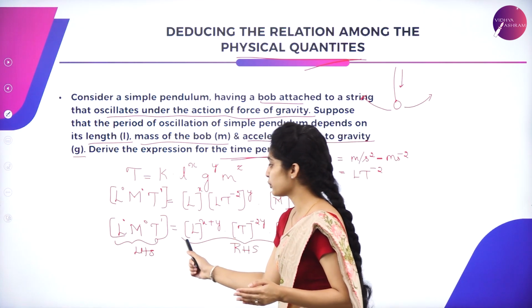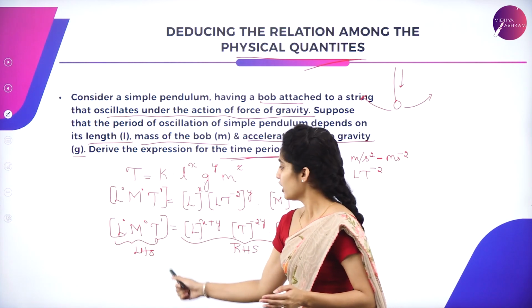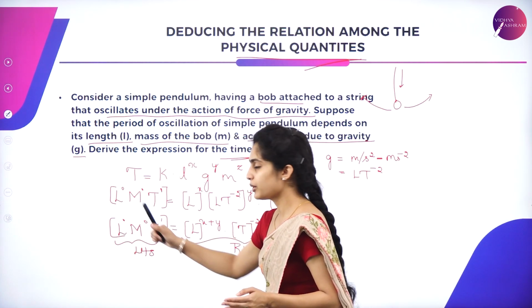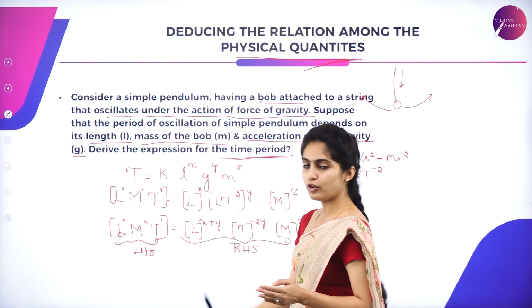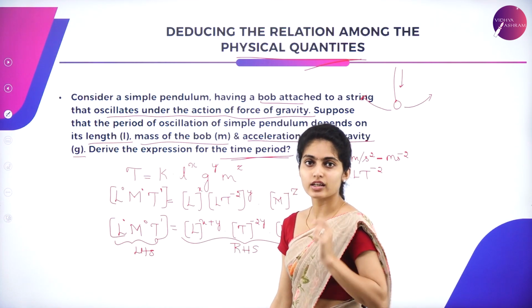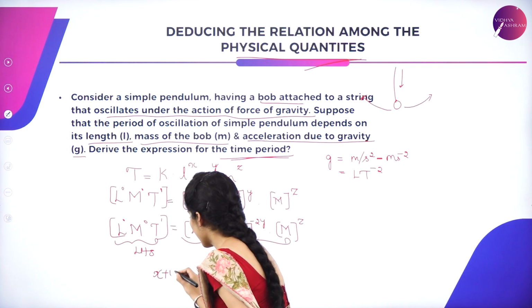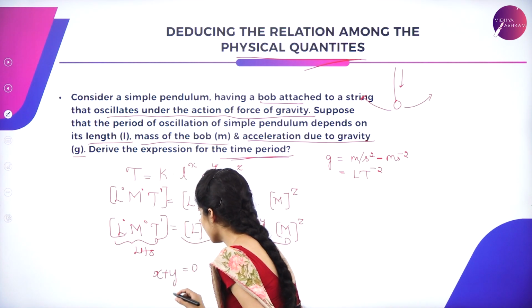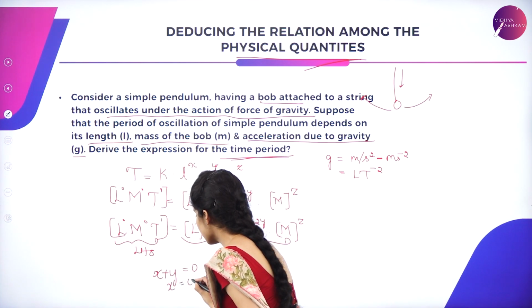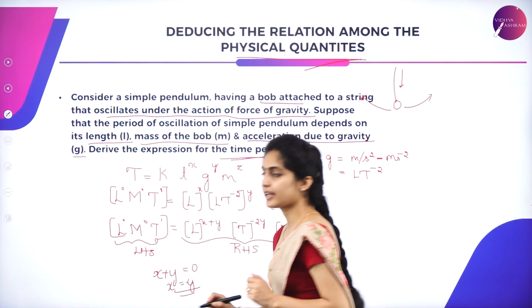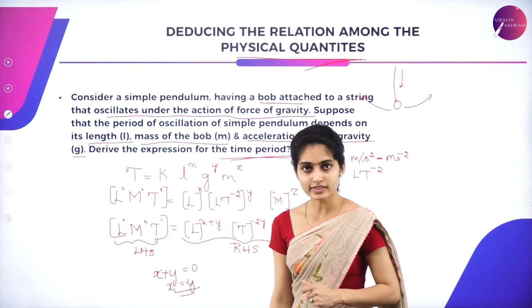So L as well as L, homogeneity. So it is L to the power of 0, L to the power of x plus y. So only take up the powers. So it is x plus y is equal to 0. So what happens to your x? X becomes minus y. X is equal to minus y.